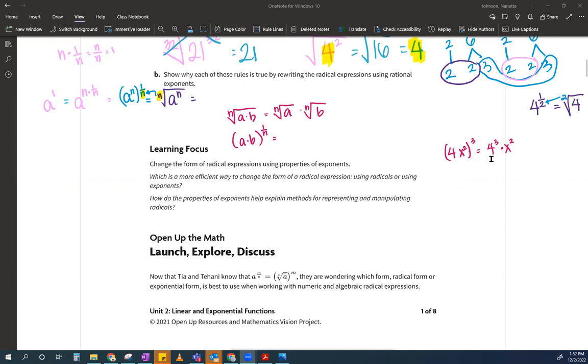Collect the 4s, you get 4 cubed. Collect the x squareds, you get x squared cubed. So that's times 3, right? So here, you're just going to apply that exponent to all of your bases. So here, this is going to look like a to the 1 over n times b to the 1 over n, right?